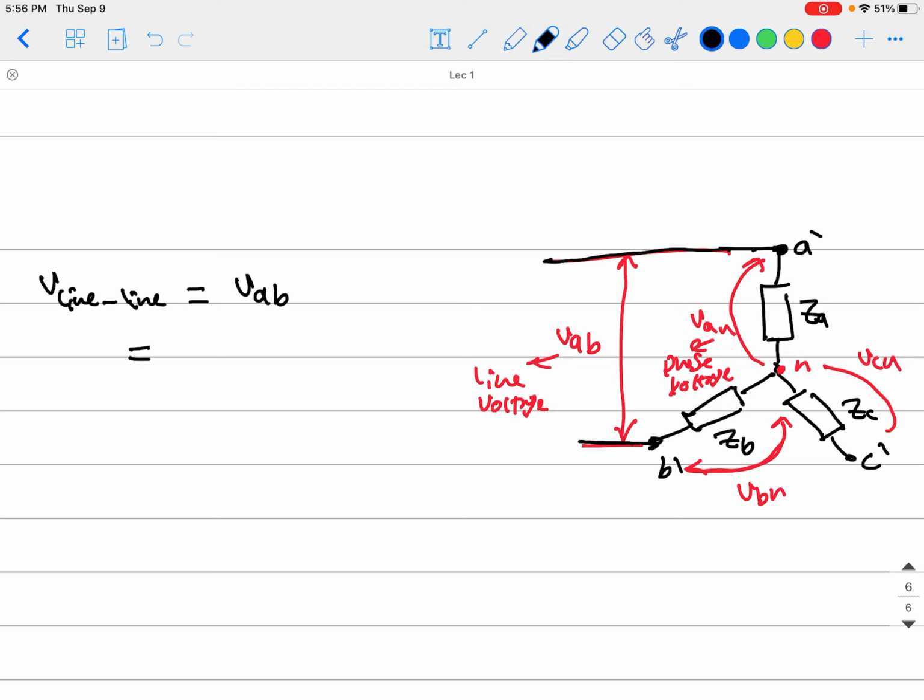Basically, from this here, just using Kirchhoff's voltage law, there is VAN, meaning the positive here and the negative here, and that is VBN, that means the B, which is here, is positive and here is negative. Using Kirchhoff's voltage law, VAB will equal VAN minus VBN.